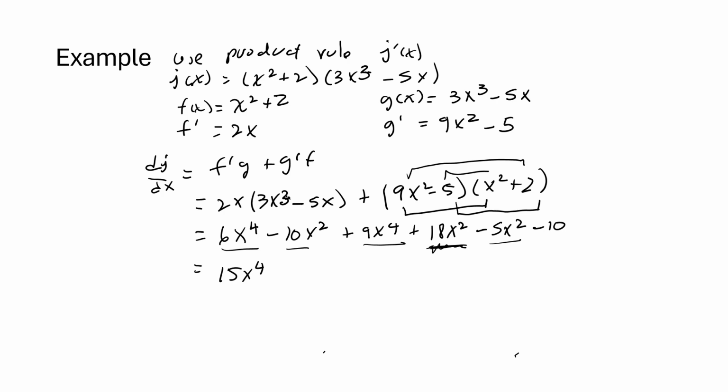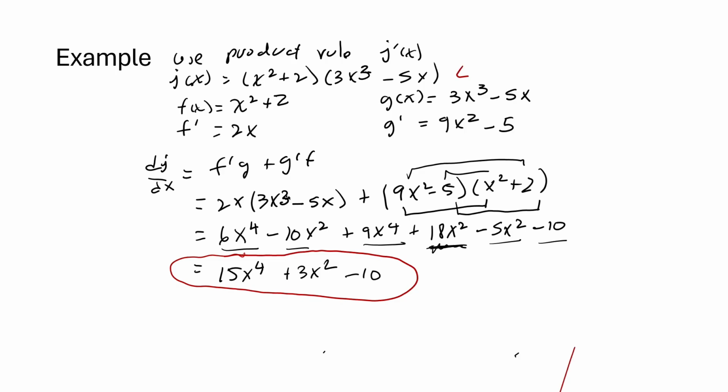So we've got minus 15 plus 18, so that's plus 3x squared. And then the only term left over is the minus 10. So there is our derivative of this function right there, using the product rule.